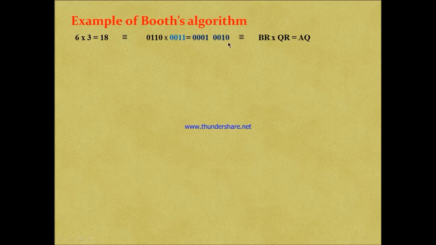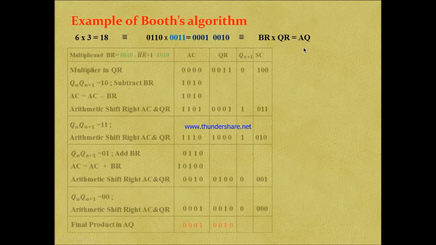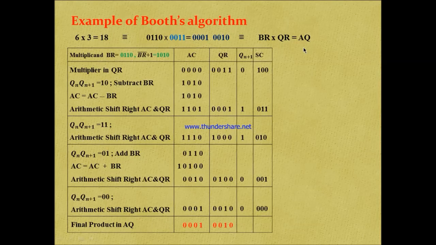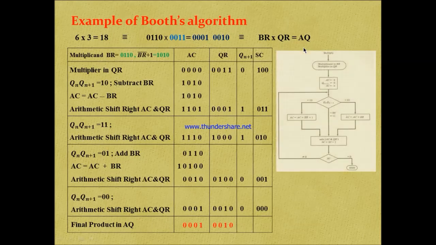This is the equivalent of decimal 18. Now our BR is the multiplicand, QR is the multiplier, and AQ is the result from where we will get the result. For this we will use one table, and for better understanding we will keep the flowchart and hardware implementation aside.